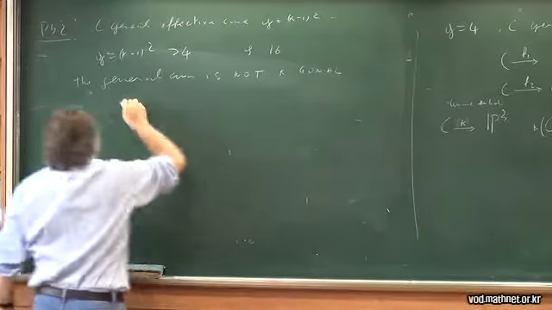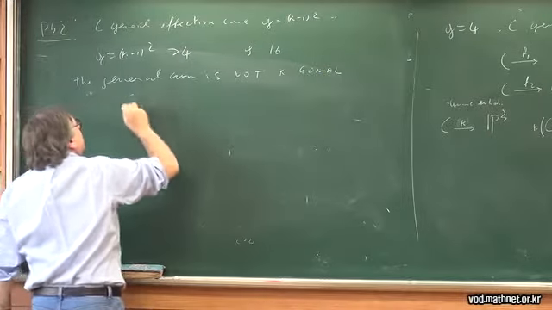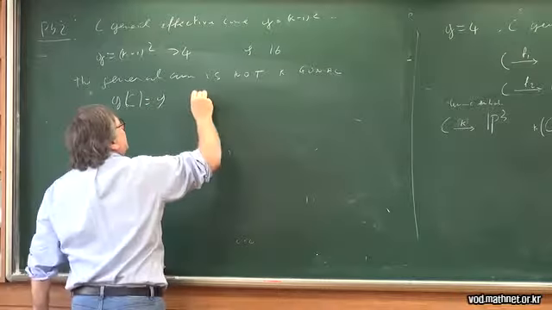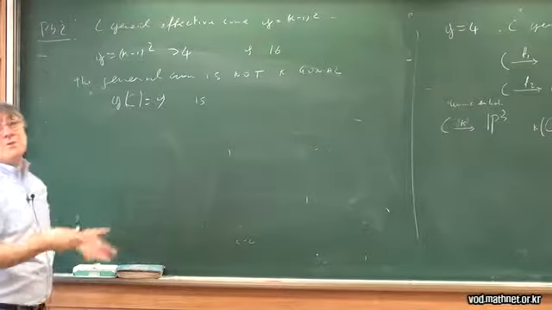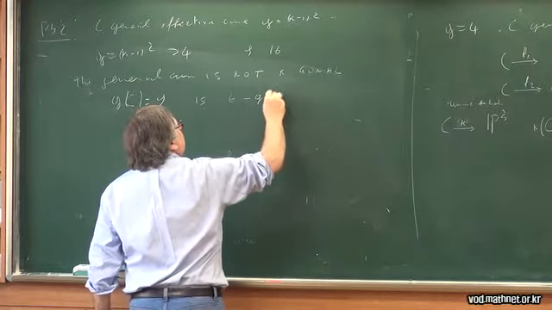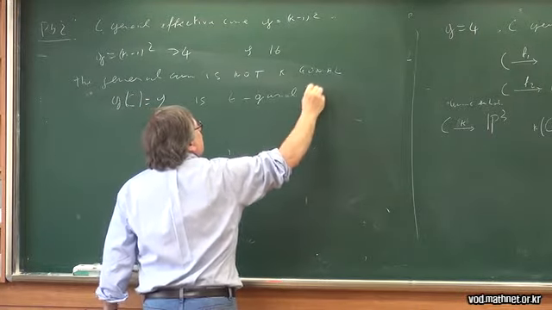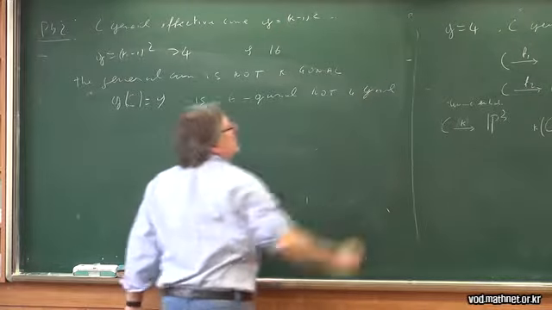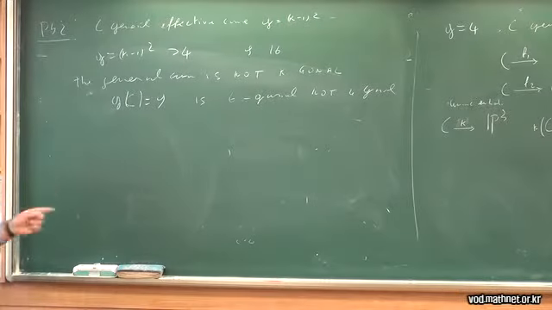For instance, when the genus of C is 9, by Brill-Noether or by computation, it is 6-gonal, not 4-gonal. So you do not have this curve in the general case.